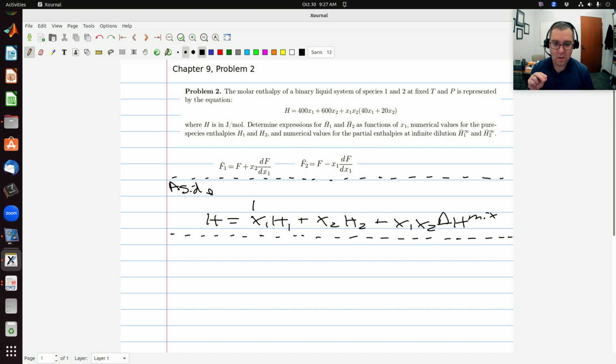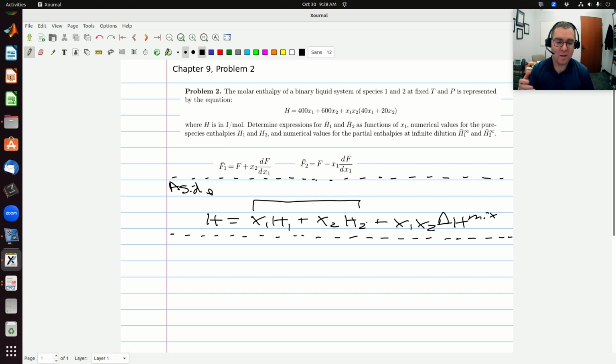Now, this is essentially going to be H ideal. So when I have a composition other than my two pure component limits, my enthalpy is equal to my ideal enthalpy plus my property change upon mixing.